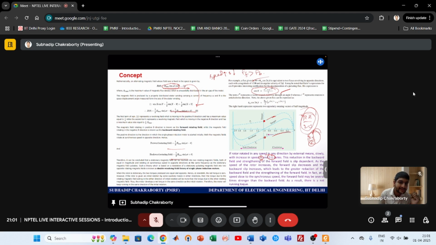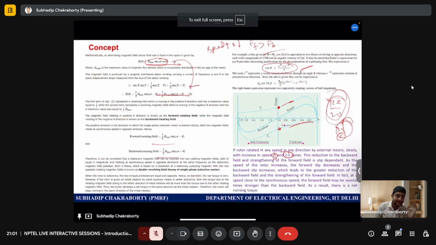We try to create two fields with some space displacement between them, so that I can start the machine by some RMF, by two fields with some angle difference, and I create some moving magnets in some form, and I can start it.